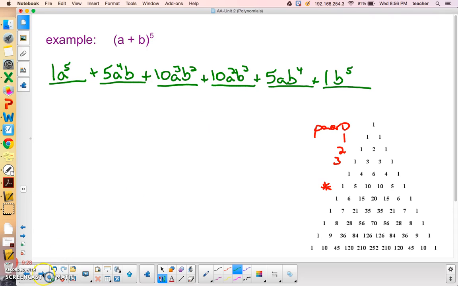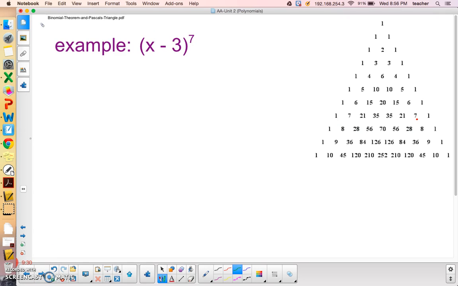Let's look at one that has something other than a and b in the slots there for the binomial. Since I'm looking at (x - 3) to the power of 7, I need to use this row right here in Pascal's triangle.